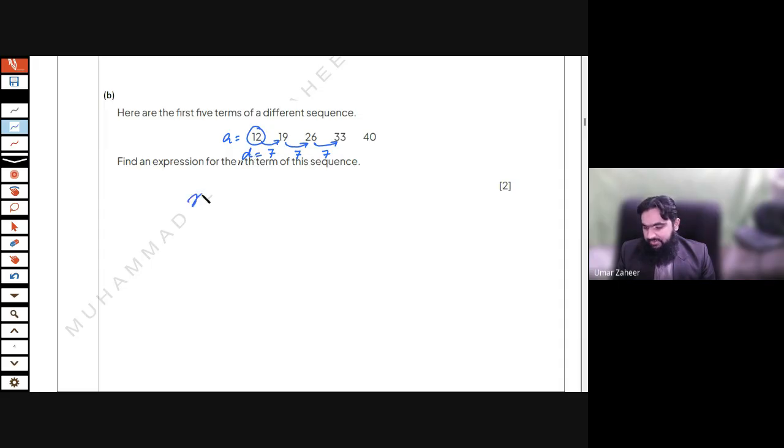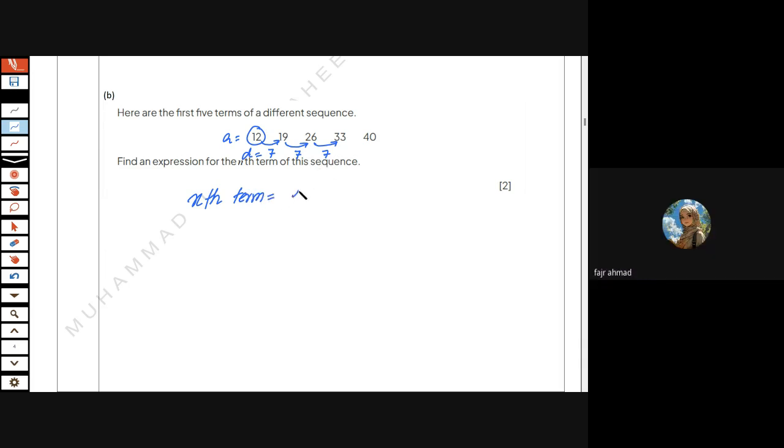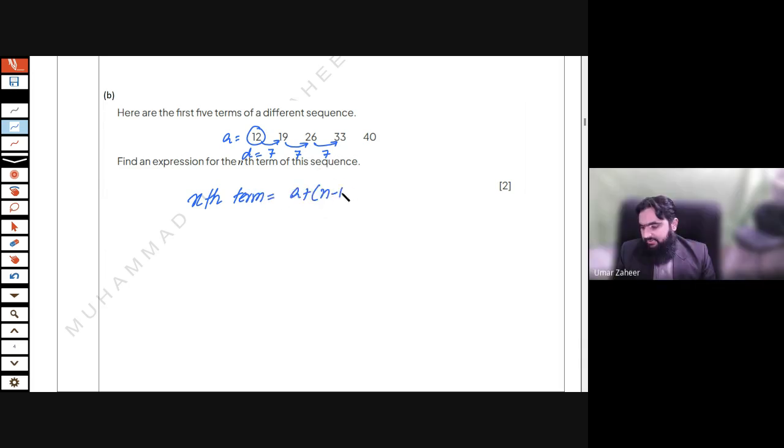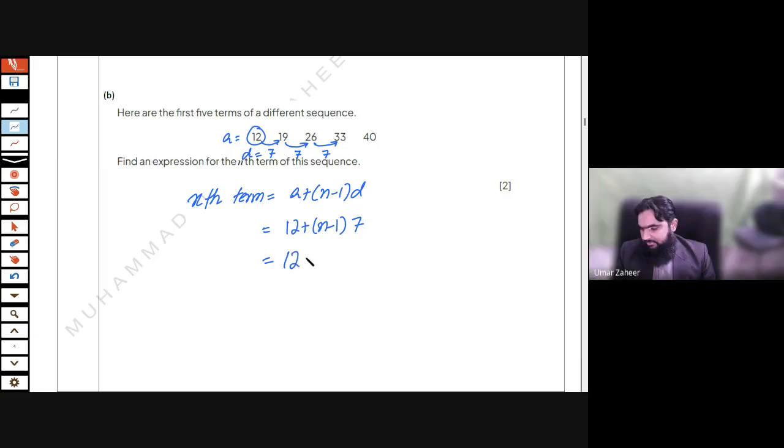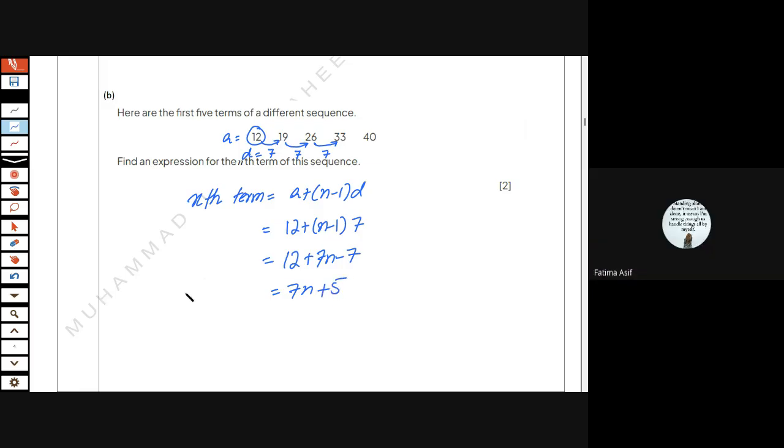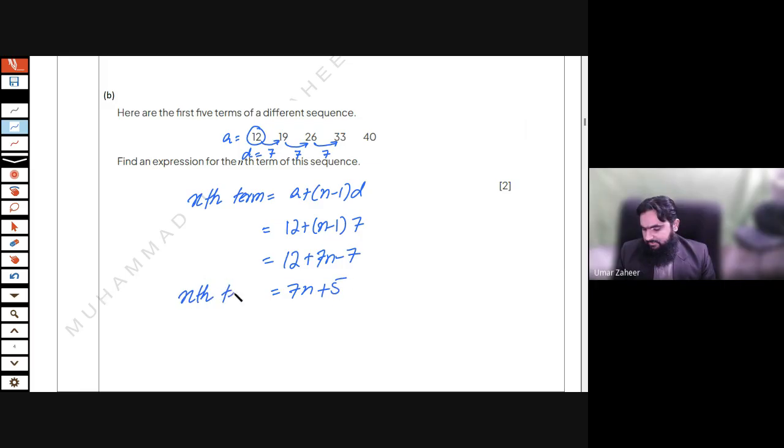The nth term is equal to a plus n minus 1 multiplied by d. a is 12, plus n minus 1 times 7. 12 plus 7n minus 7, so 12 minus 7 will be 5. So the nth term is 7n plus 5.